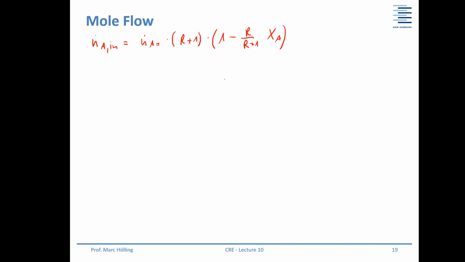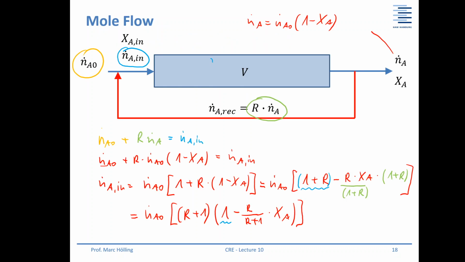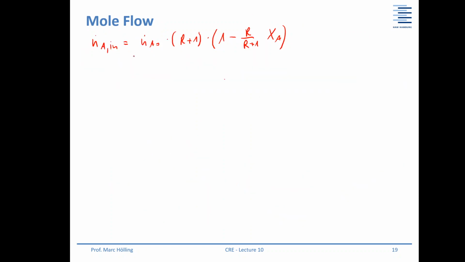Okay, and what can we do with this right now? If we have a look at our inflow here, our N dot A in, we can say, okay, let's assume that this here would be our XA in.